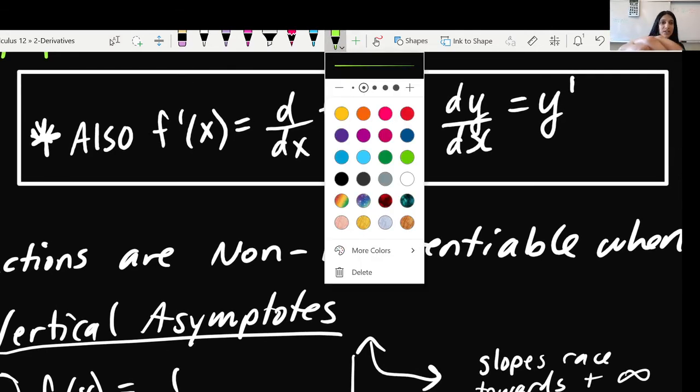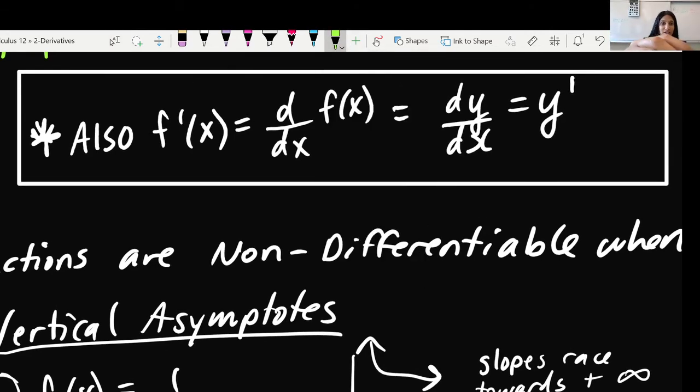So this is the one in green that we had just finished talking about, f prime of x, just like the one I showed you. That's the same thing as saying d dx of f of x, or dy dx, or y prime. They all mean the same thing. They're just different notations that actually mean the same thing.